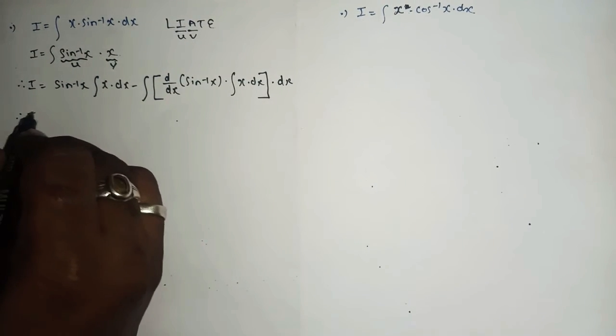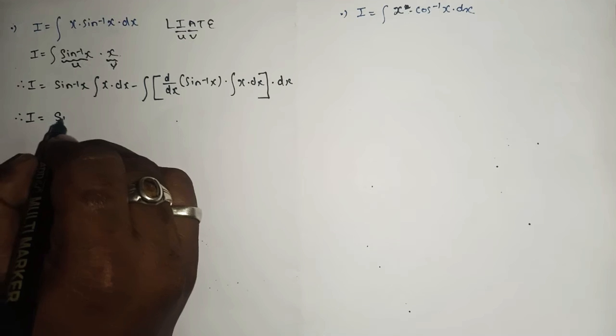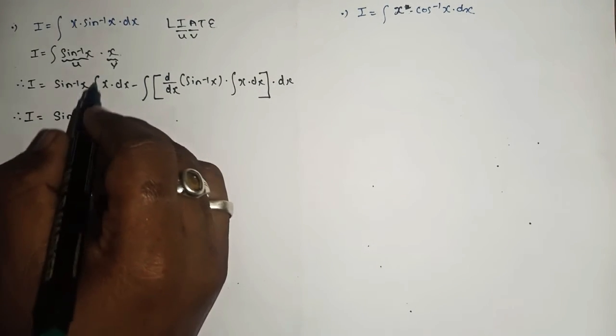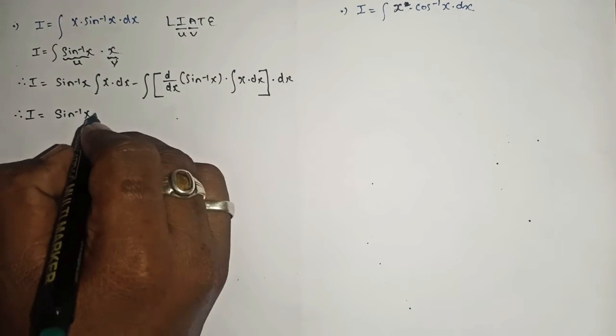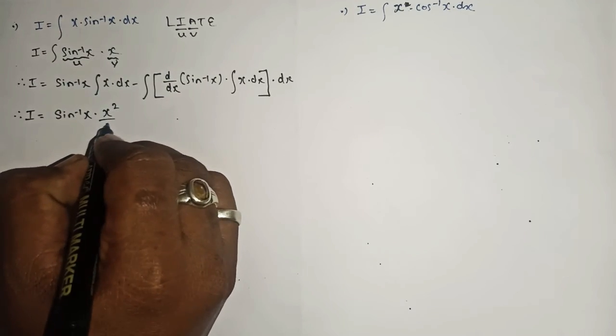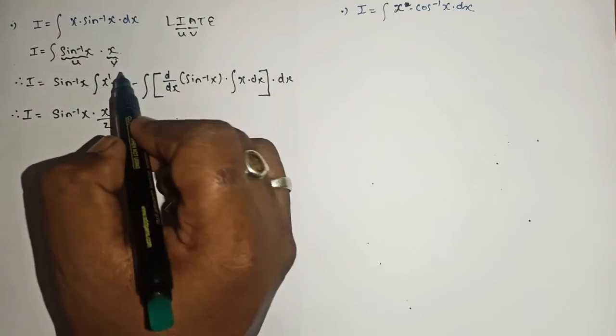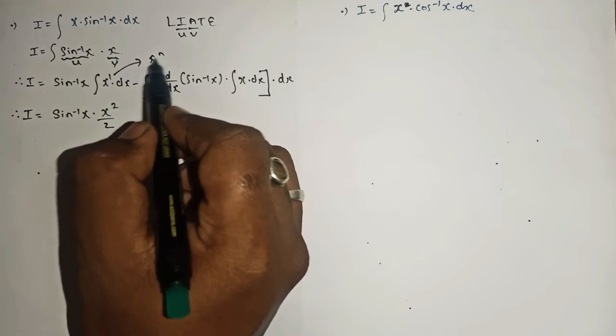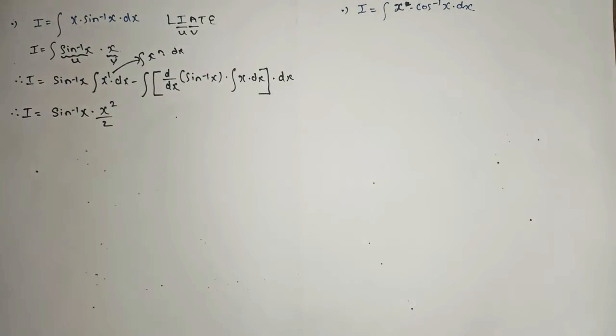So therefore I equals sine inverse x, integration of x is what? Integration of x is x square upon 2. As here nothing is there, so we can write 1 and we can apply the x raised to n formula, yes or no?